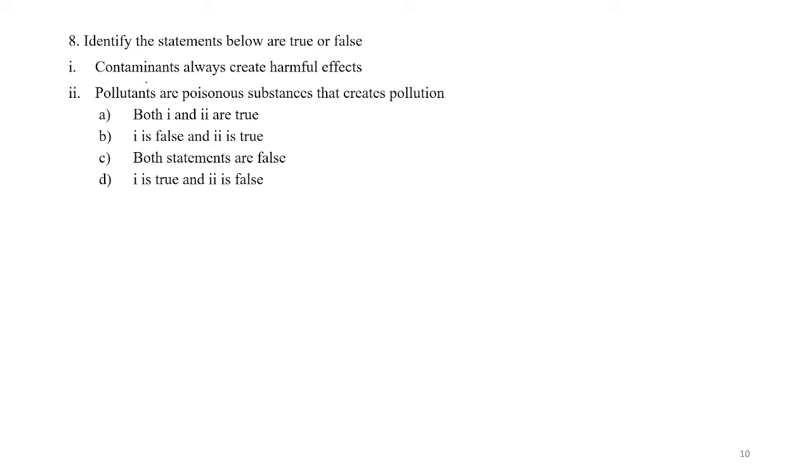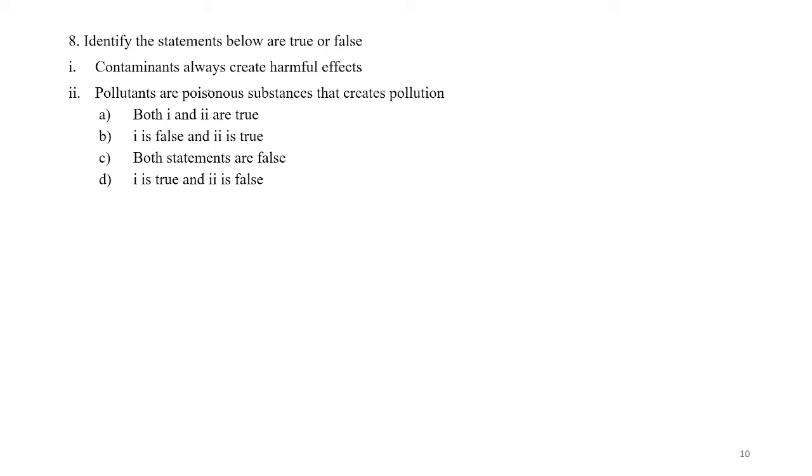Second statement is, pollutants are poisonous substances that create pollution. Our options are: both 1 and 2 are true; 1 is false and 2 is true; both statements are false; 1 is true and 2 is false.